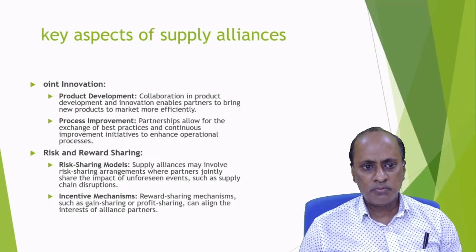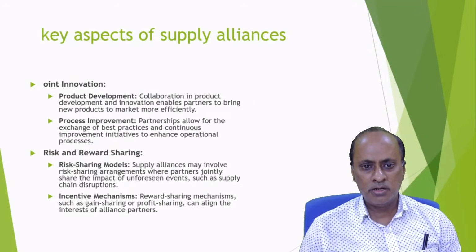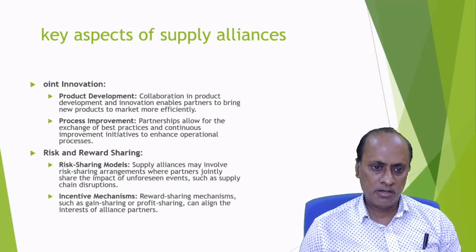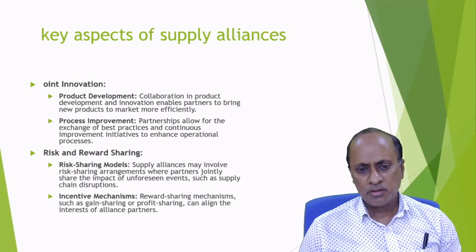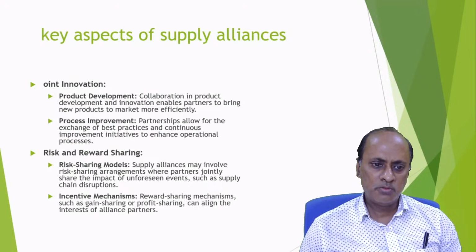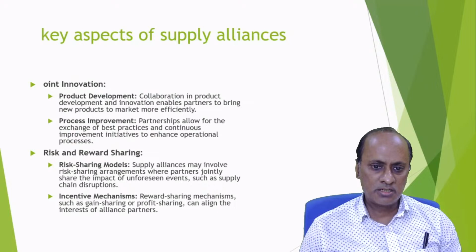Yes, key aspects of joint innovation. It involves product development: collaboration in product development and innovation enables the partners to bring new products to the market. Process improvement: partnership allows for the exchange of best practices and continuous improvement initiatives to enhance operational processes. Risk and reward sharing: if any risk arises in the supply chain, the alliance partners will collectively bear the risk.